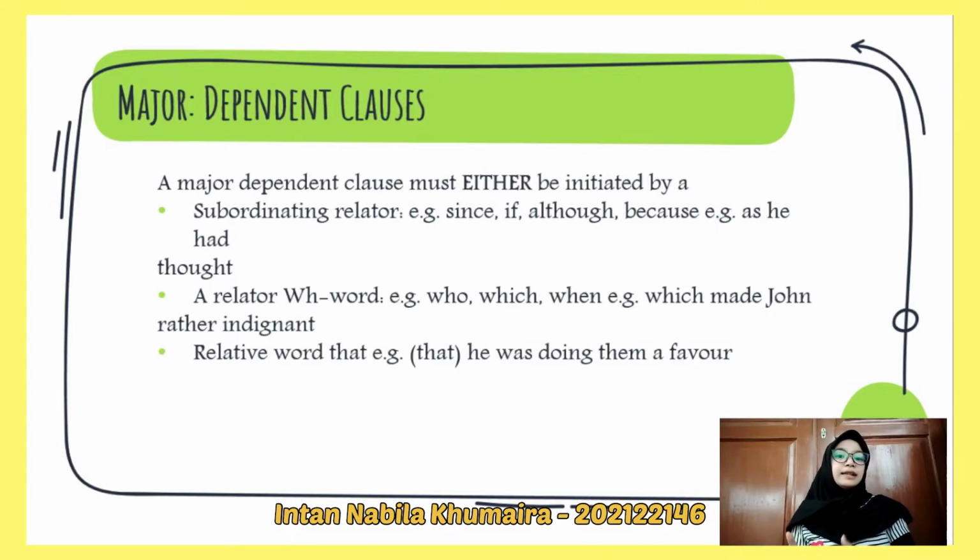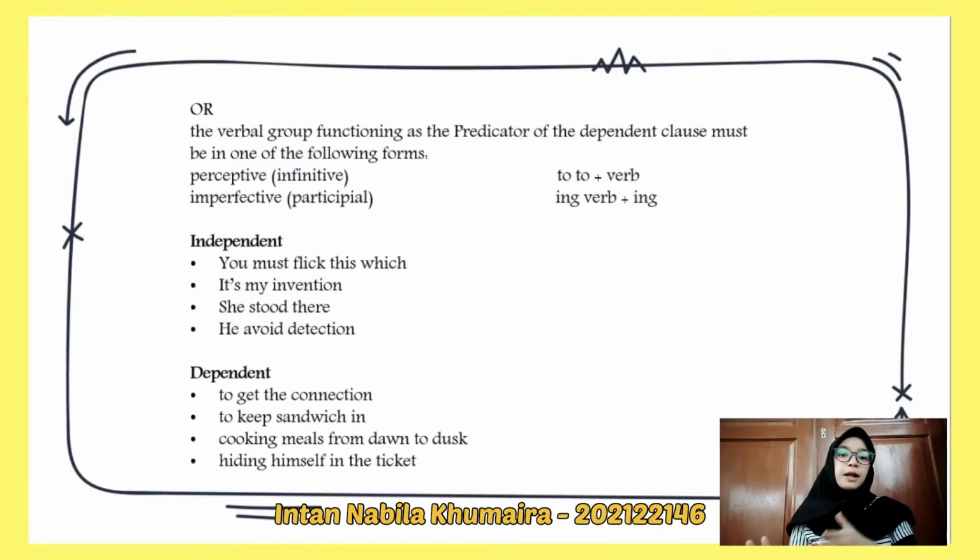Third, the relative word that, for example, that he was doing them a favor. Or the verbal group functioning as the predicator of the dependent clause must be in one of the following forms: perfective participle, infinitive, to plus verb; imperfective participle, verb plus ing.